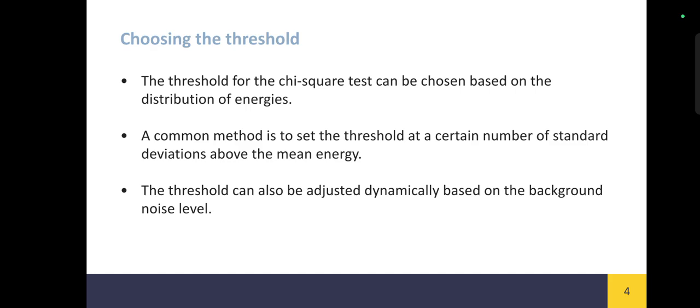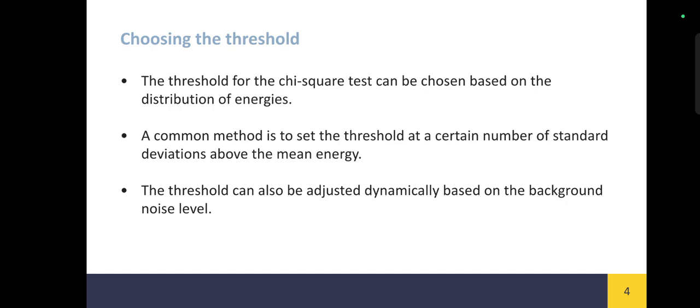A common method is to set the threshold at a certain number of standard deviations above the mean energy. The threshold can also be adjusted dynamically based on the background noise level.